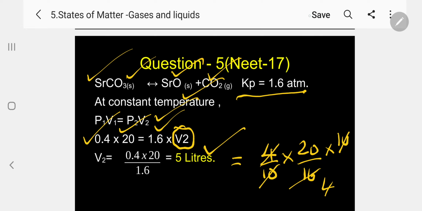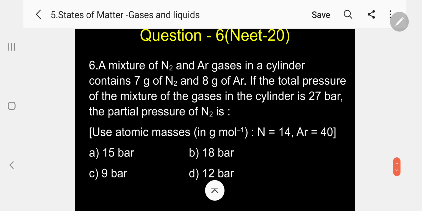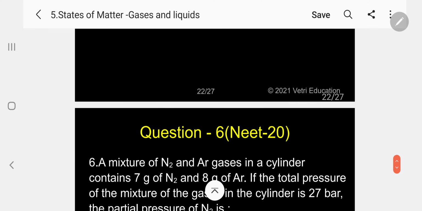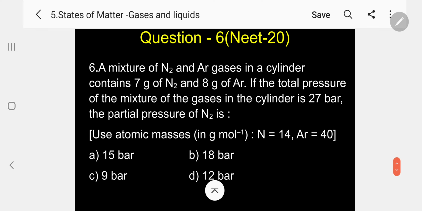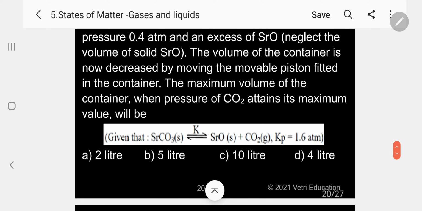So the correct answer is 5. 5 liters is the correct answer.